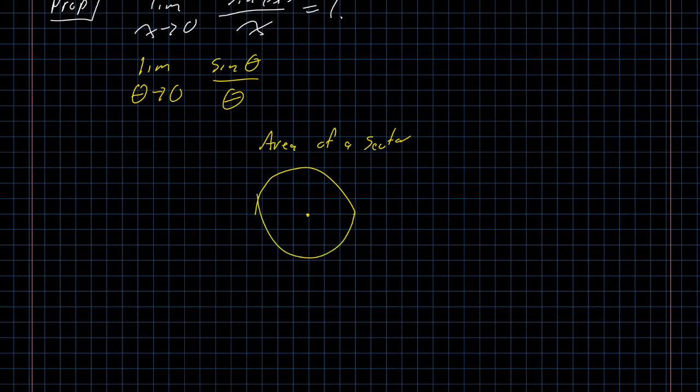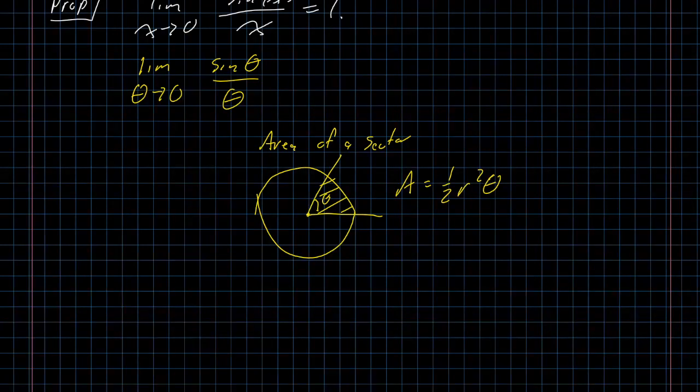All right, let's pretend that this is a perfect circle. A sector of a circle is formed by taking an angle at the center of the circle and cutting it out. And when you find the area of a sector of a circle, we know that we can calculate the area as 1/2 of r squared times theta.